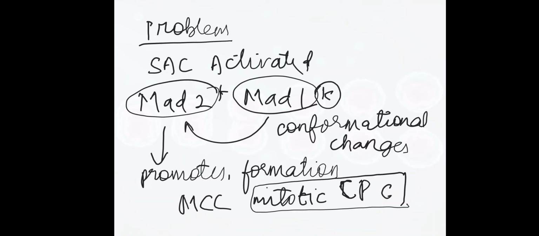So if a problem is sensed, SAC is activated, and MAD2 interacts with MAD1 at the kinetochore, facilitating the conformational change in MAD2 to promote the formation of the mitotic checkpoint complex.